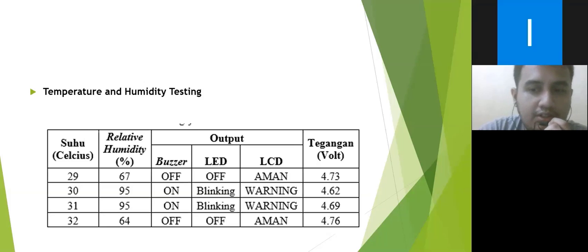The relationship between temperature and relative humidity and the resulting voltage is that the higher the value of temperature and relative humidity produced, the lower the resulting voltage. The lower the value of temperature and relative humidity generated, the higher the resulting voltage.